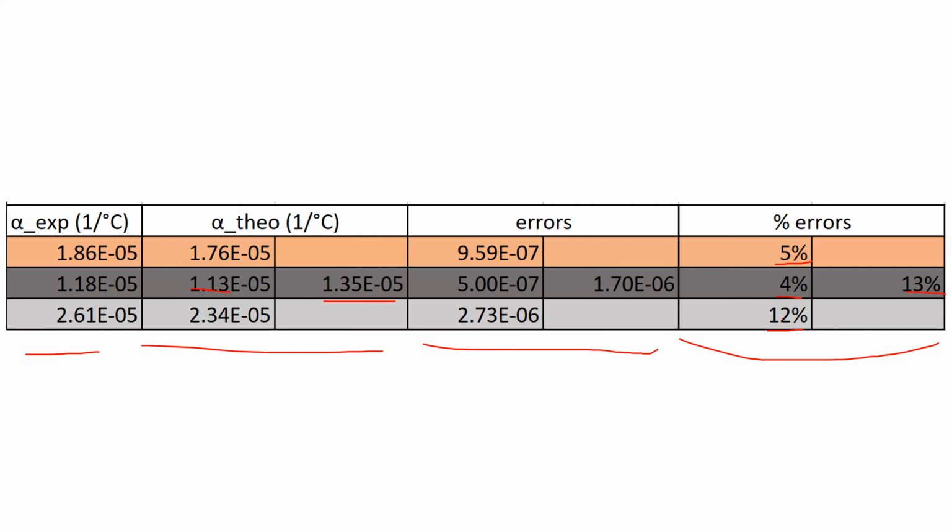So therefore, we showed that this experiment was accurate. It approximately gave us the correct values for the coefficient, and we also learned that we can measure expansion and all these changes quite well.